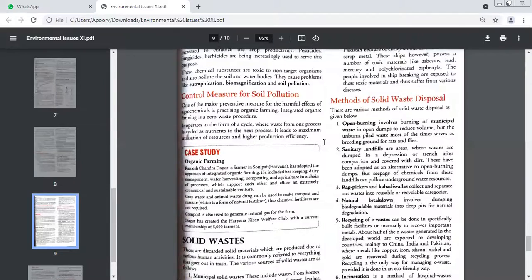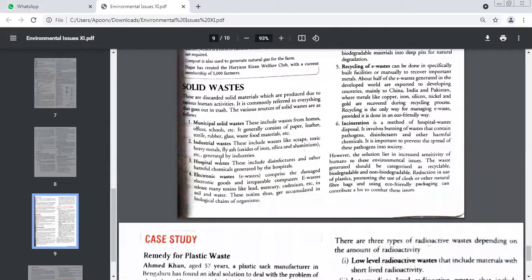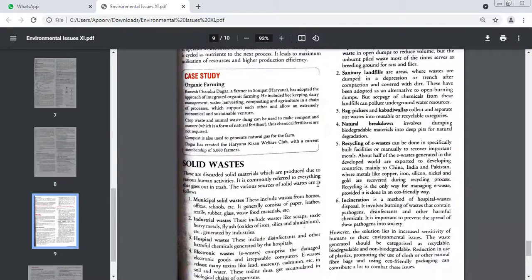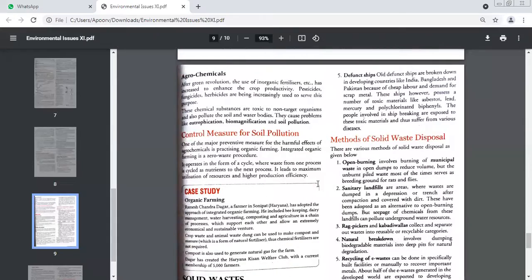Hospital waste. Okay, yes, very good. And then we move on to the 4th one, which I told you, e-waste. Tell me 3 things generated. Lead, mercury, cadmium. Yes, very good. Now, the 5th one is defunct ships.